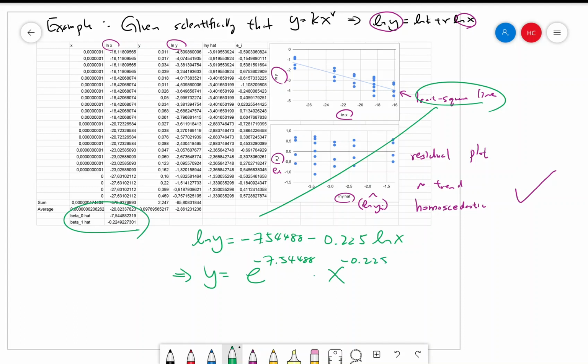If you press the calculator, you can figure out what the number is: e raised to the power of negative 7.54488. So we get y is equal to 0.0005288 times x to the negative 0.225. All right.